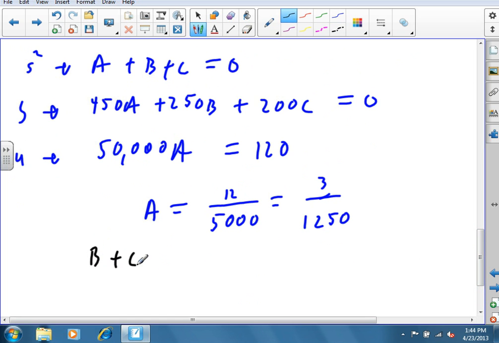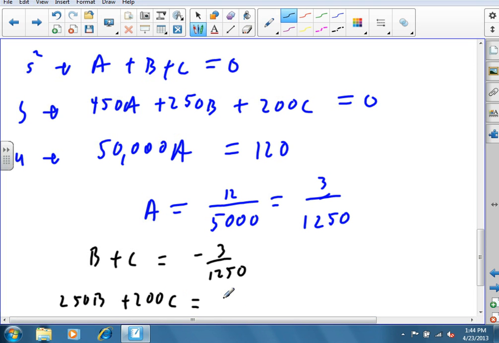B plus C is equal to minus 3 over 1250. And 250B plus 200C is equal to, what is it equal to?